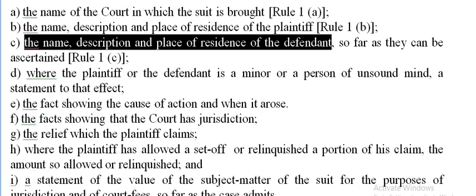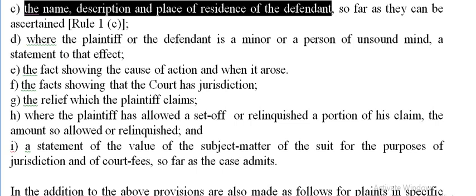Next, whether the plaintiff or the defendant is a minor or a person of unsound mind, a statement to that effect. So if the plaintiff or defendant is a minor or a person of unsound mind, then fourthly we have to mention it.